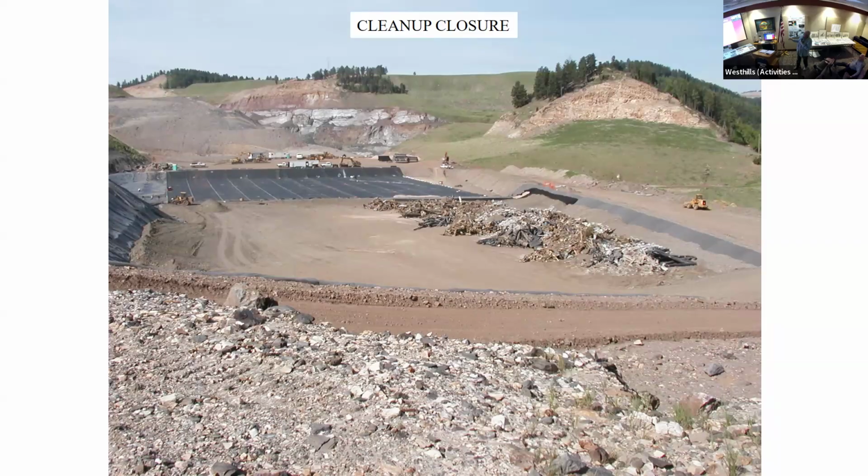And when it was all done, they were able to fold it over and weld that plastic so it's like a big gigantic burrito. Then they put clay all around it and topsoil, and it's now animal habitat. That area can never be disturbed for human occupation.